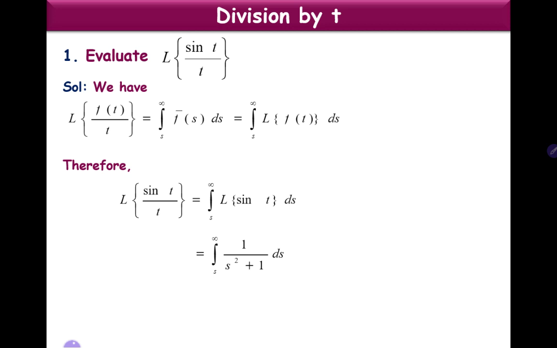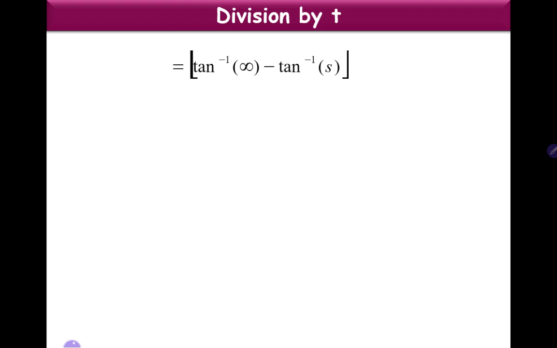Integral of 1 by s square plus 1 is tan inverse of s, because we have integral of 1 by x square plus a square dx is 1 by a times tan inverse of x by a. And because here a is 1, we get 1 by 1 tan inverse of s by 1, that is tan inverse of s within the limits s to infinity. So, if we substitute limits, we get tan inverse infinity minus tan inverse s. What is tan inverse infinity?